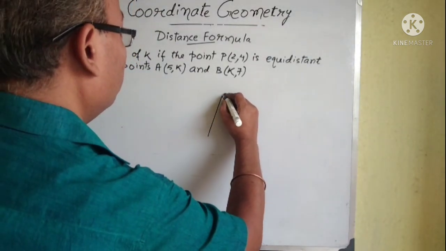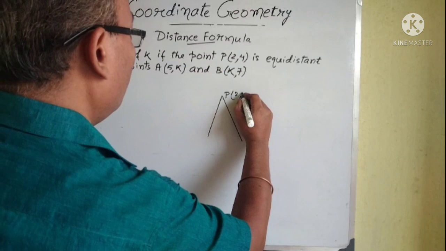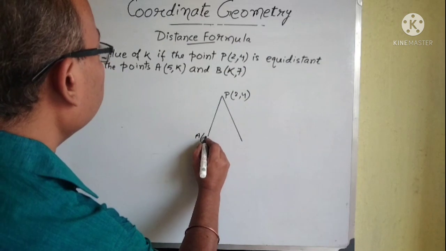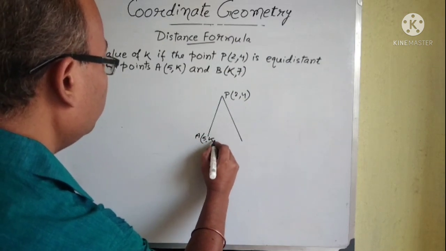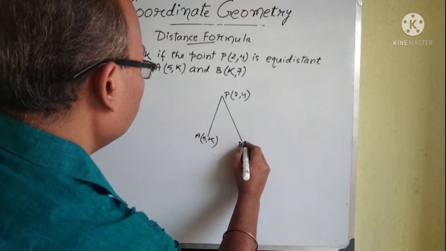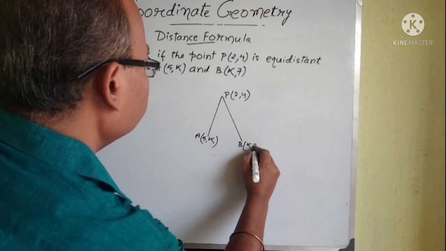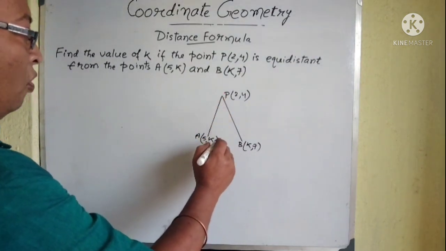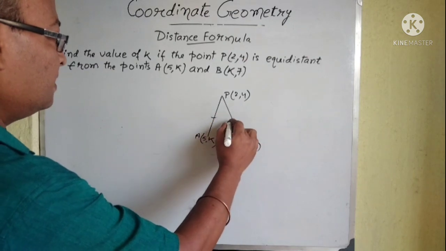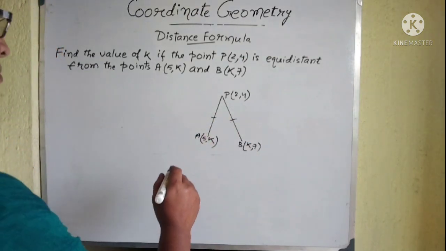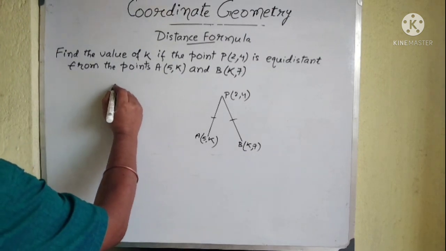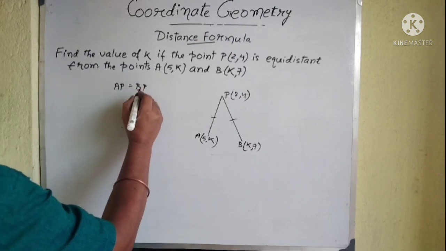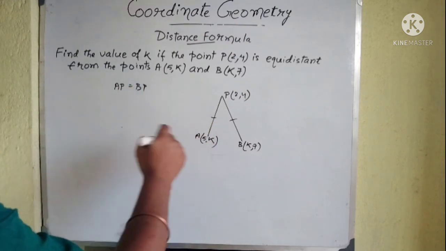See, P is (2, 4), and suppose this is A, this is (5, k), and this is B, your (k, 7). Then what the question says, P is equidistant from both these points. That means this distance and this distance are equal. Means your AP is equal to BP. Okay, this equidistance, so AP equals BP.